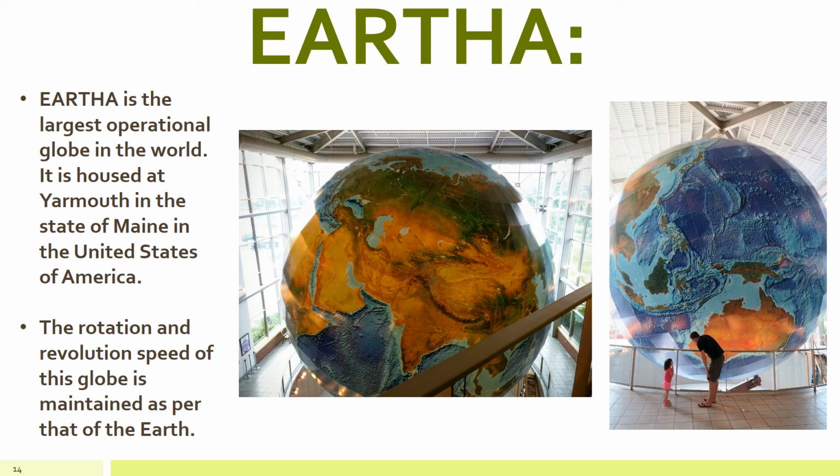The rotation and revolution speed of this globe is maintained as per that of the Earth. It weighs approximately 2500 kg and has a diameter of over 41 feet, that is 12.5 meters.